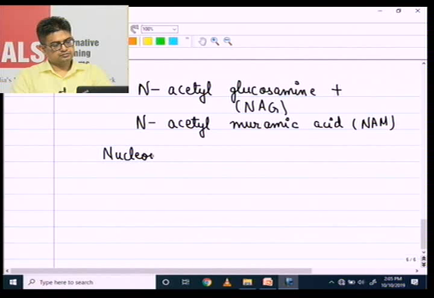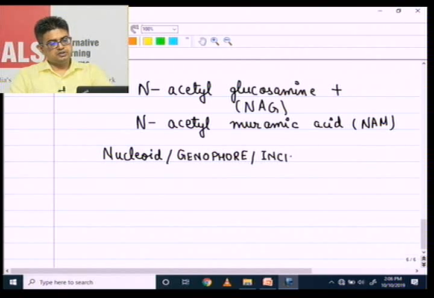Nucleoid or the genophore or the incipient nucleus or the primitive nucleus.